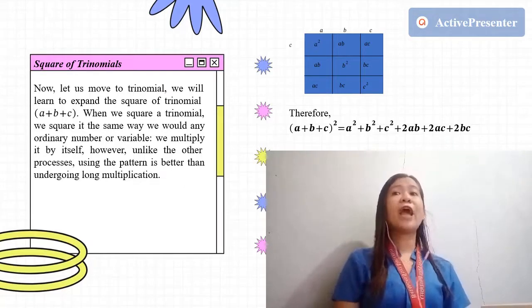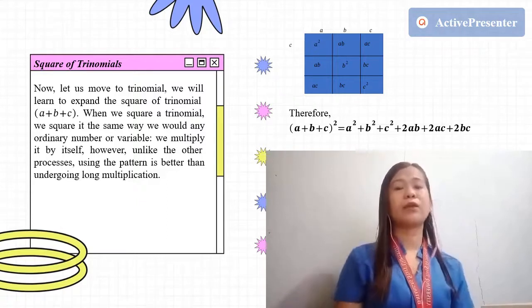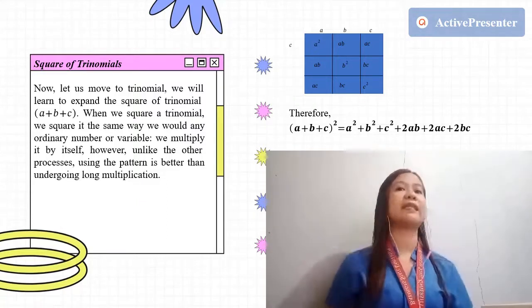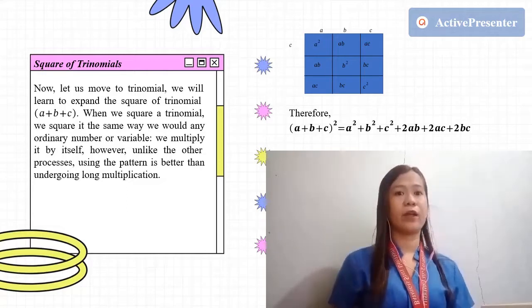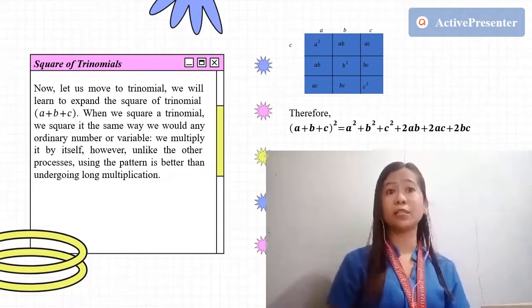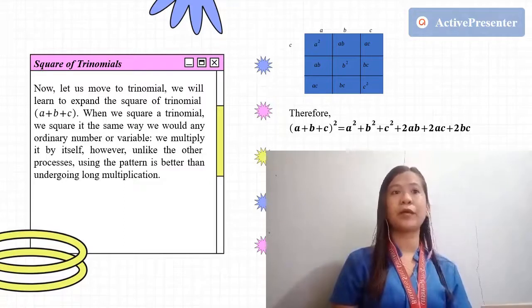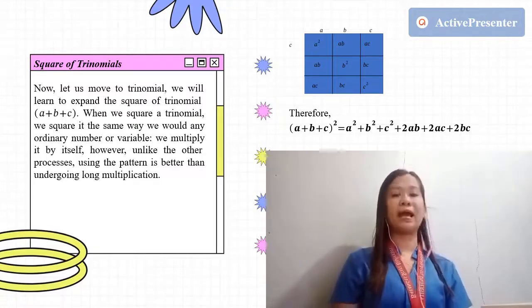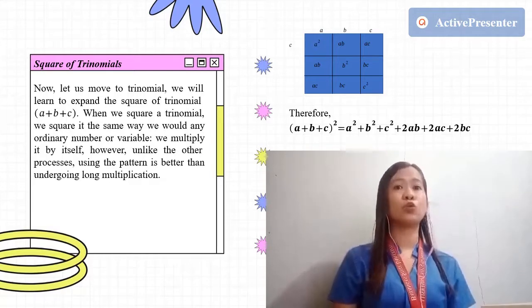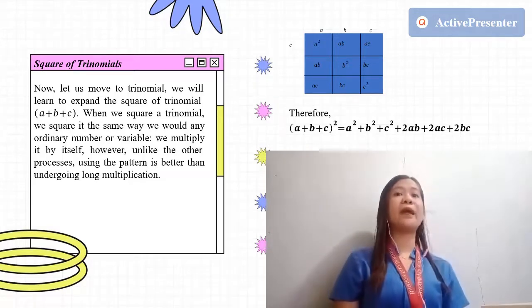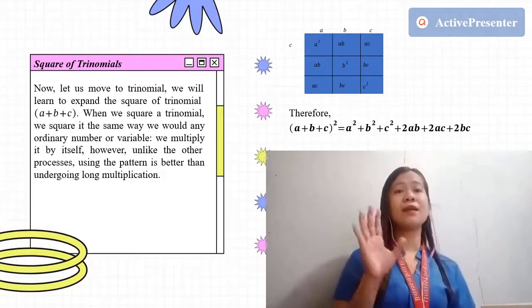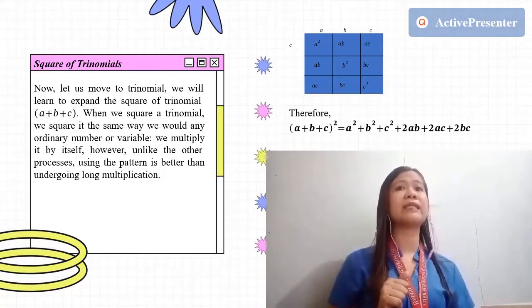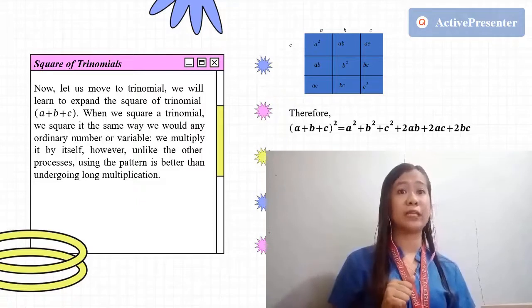So if we have the trinomial a plus b plus c, we can get the square of this trinomial. We have a squared plus b squared plus c squared plus 2ab plus 2ac plus 2bc. So by the use of the square pattern, okay? Just multiplying a times a, we get a squared.